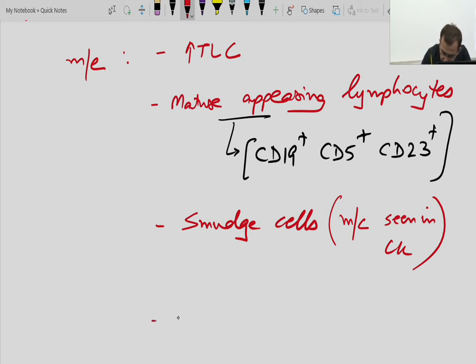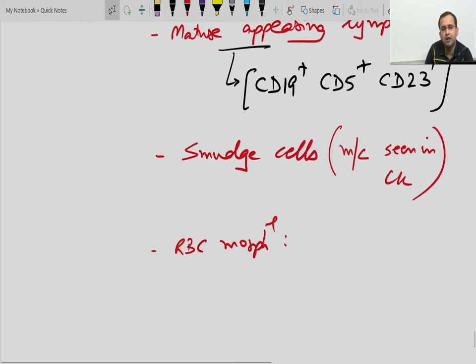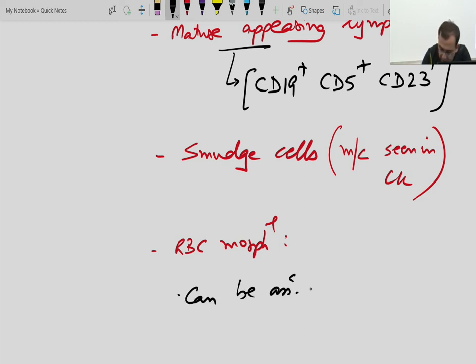Next point, characteristic RBC morphology. RBC morphology in CLL. CLL can be associated with which hemolytic anemia? Autoimmune.